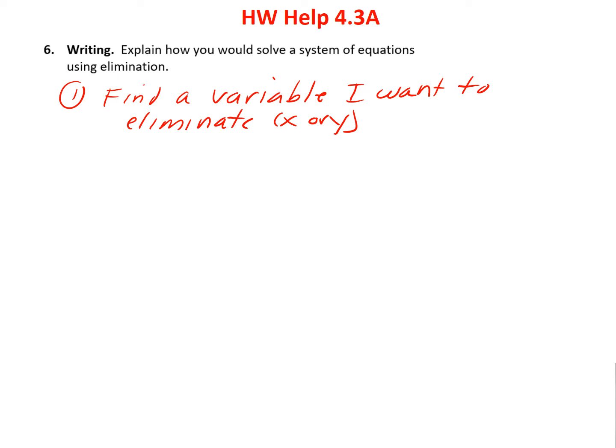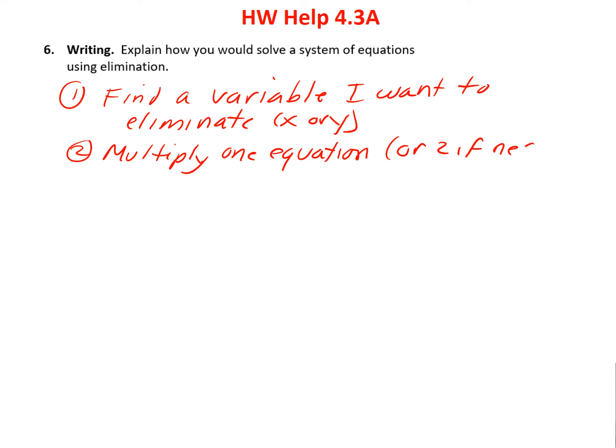Sometimes that's all it takes. But then what you need to do is multiply either one of the equations, or two if necessary, so that one variable has opposite coefficients.